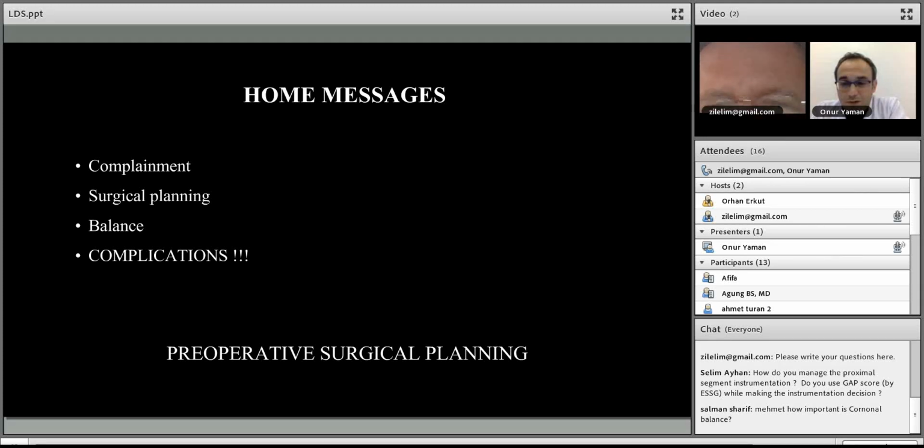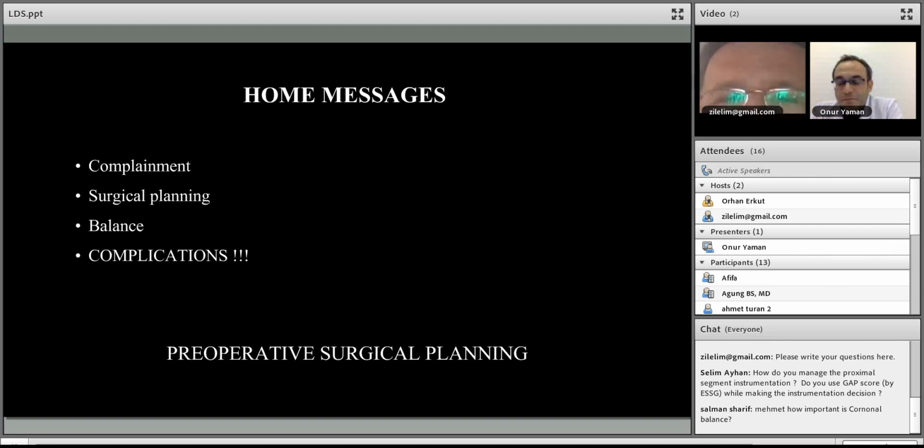And what I'm doing now, I'm using hybrid systems. If I need a fusion at the deformity, I use the fusion, and to protect the proximal junctional segment, I'm using hybrid systems. With a hybrid system, do you mean some dynamic fixation in some levels?